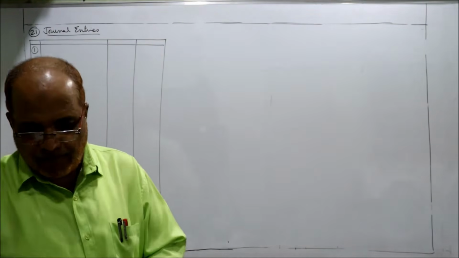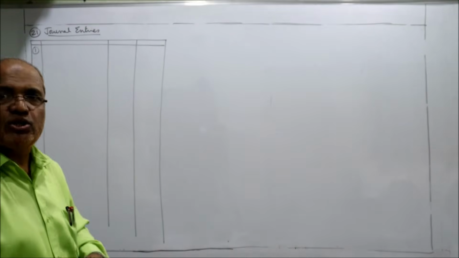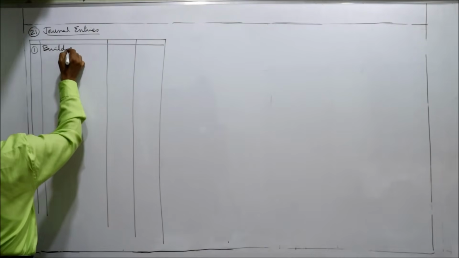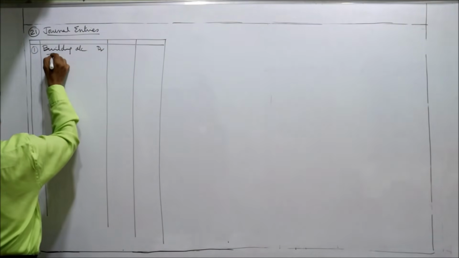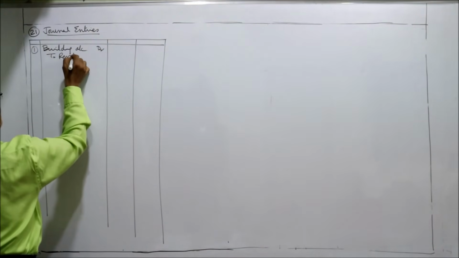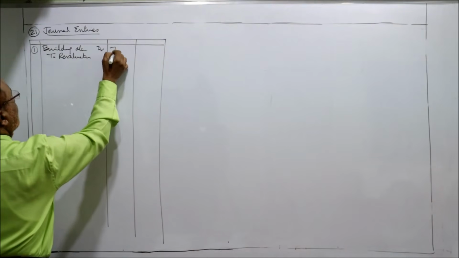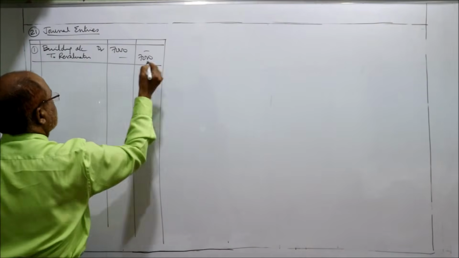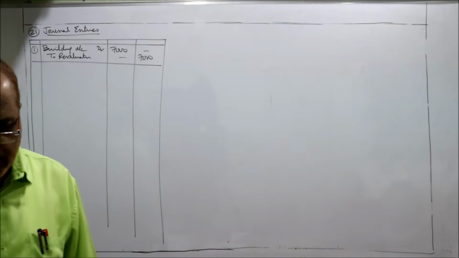First entry. First entry is building account debit to revaluation 7,000. Narration: being the value of building increased.